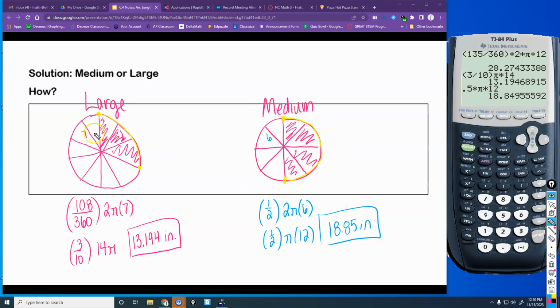So let's say they mess up and they only do 8 pieces, right? What if we get a large pizza where there's only 8 pieces? Let's say our large looks like this. And we still have a radius of 7 and we still get 3 pieces. What would change about our formula there?